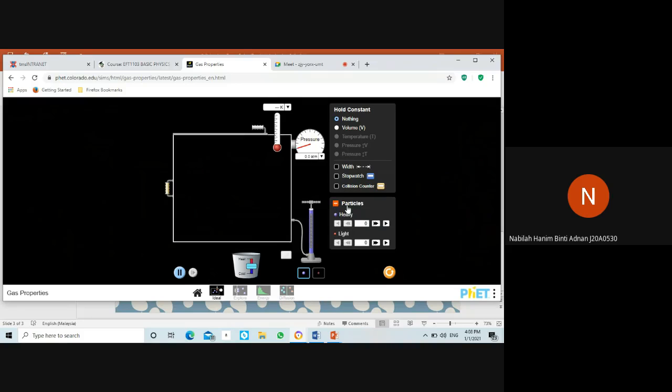First and foremost, I will release 50 particles, the heavy ones. This is the temperature control, whether I want to heat or cool down.